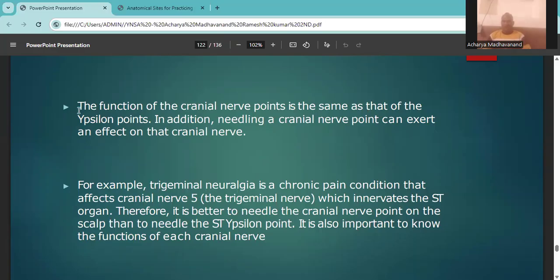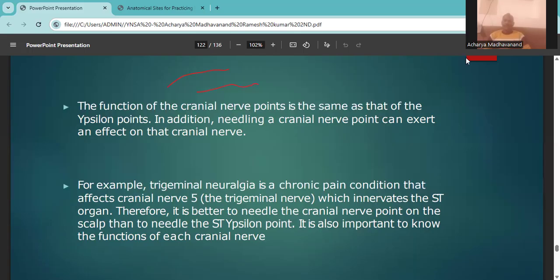The function of the cranial nerve. Diagnosis and everything I told you. The function of the cranial nerve point is the same as that of the Y-spleen point. In addition, needling a cranial nerve point can exert an effect on that cranial nerve's working.